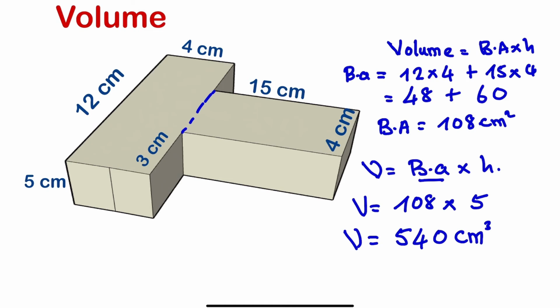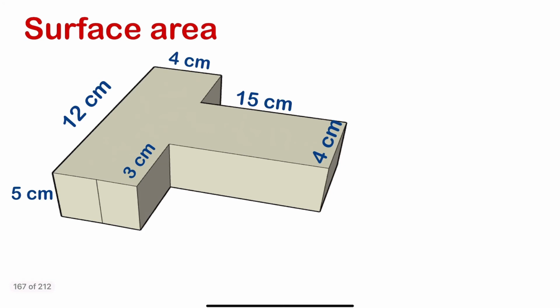So let's move to the next question, which is the surface area. Before we go to the surface area, we should not forget our base area is 108 because we are still going to use it. So next, the surface area.